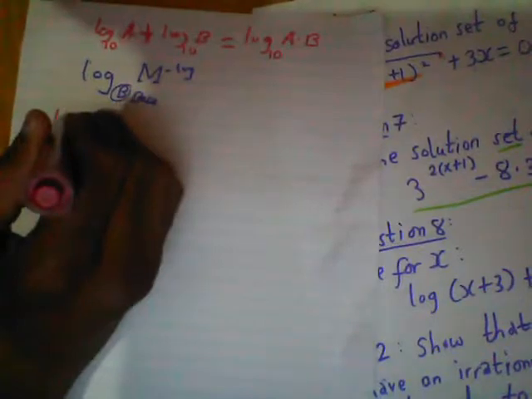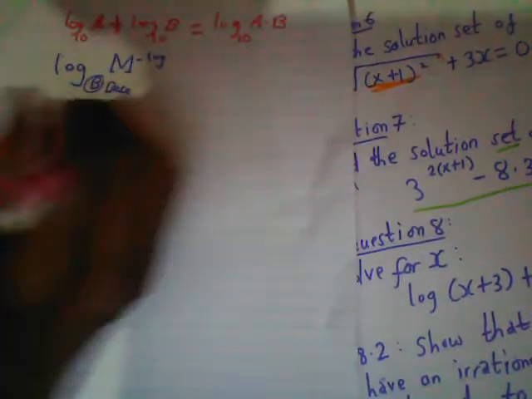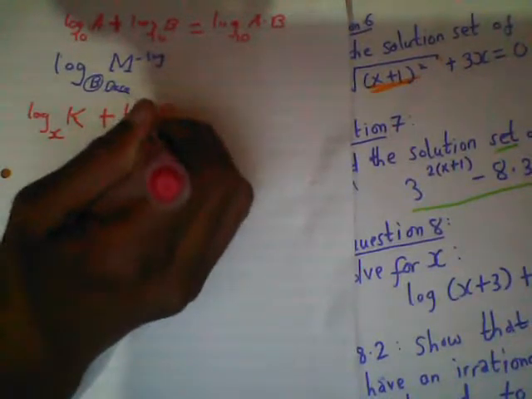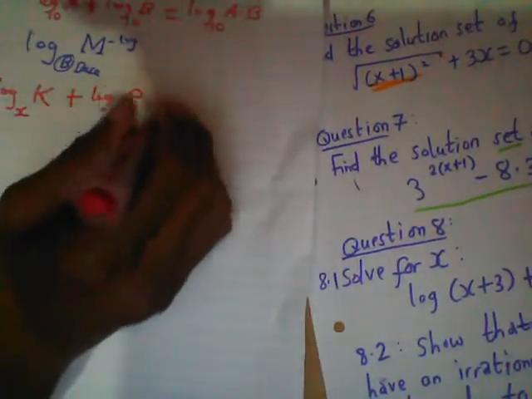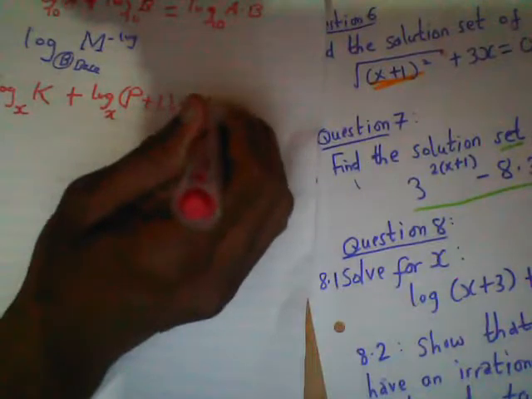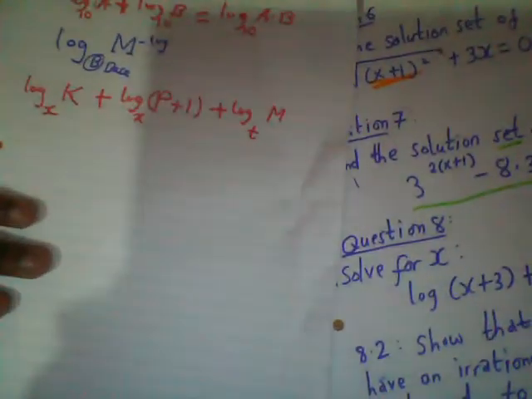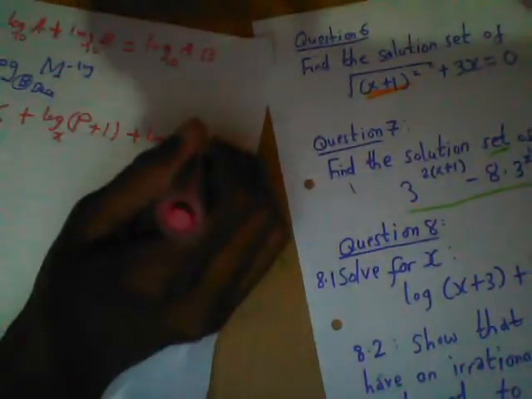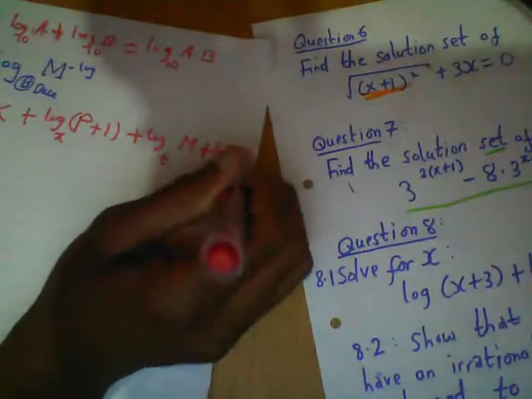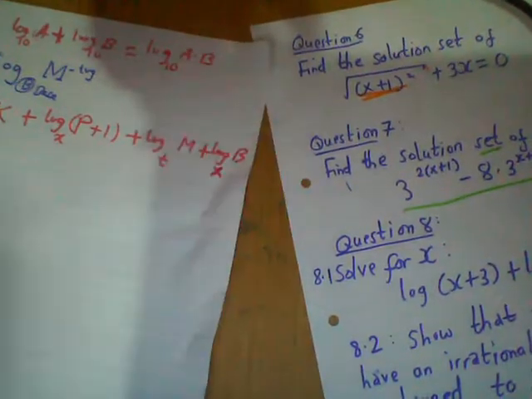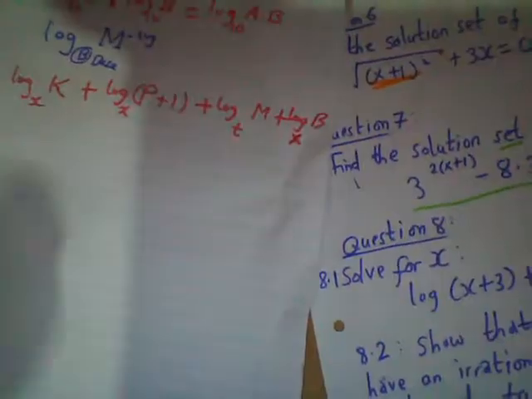For example, log of k in base x plus log of p plus 1 in base x plus log of m in base t, and let's say plus log of b in base x also. So you can only apply the rules when the bases are the same.